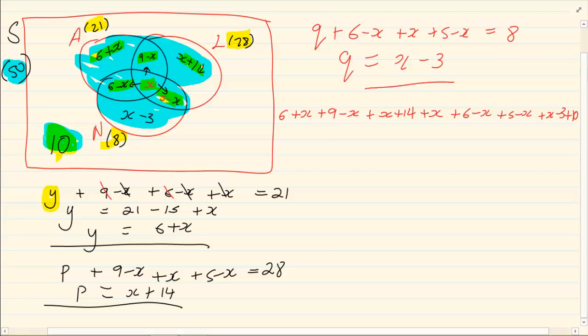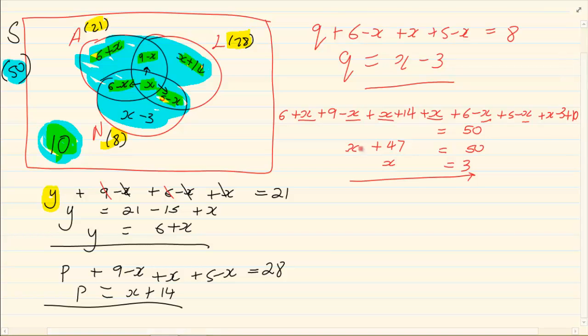Remember, we're talking of the entire sample space, so I need to include the 10. Plus 10 is equal to 50. Now, if you solve, you would have x plus 47 is equal to 50. That would give us x is equal to 3. Now, redraw your diagram.